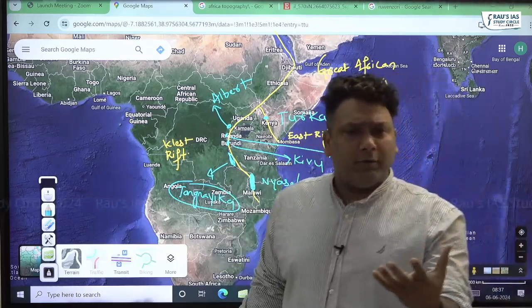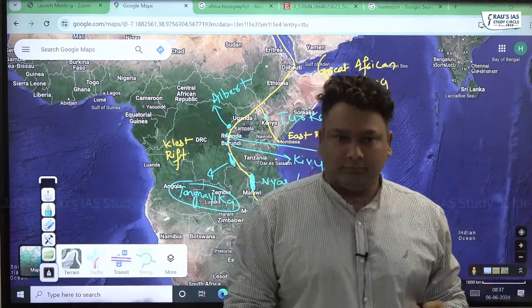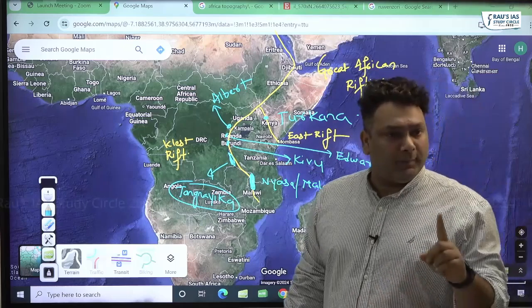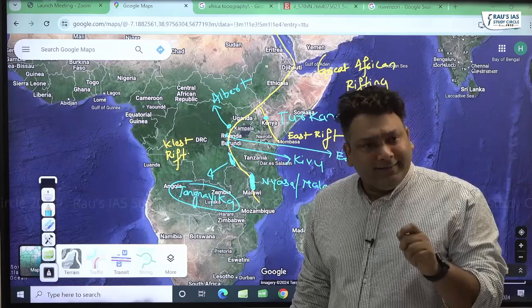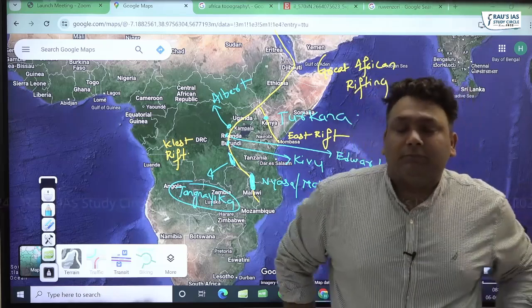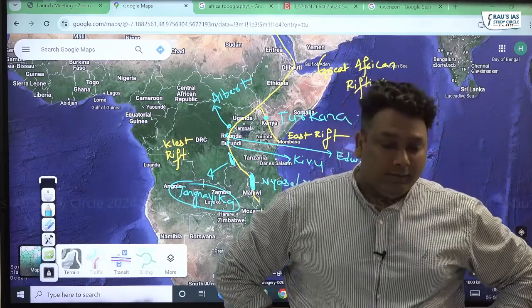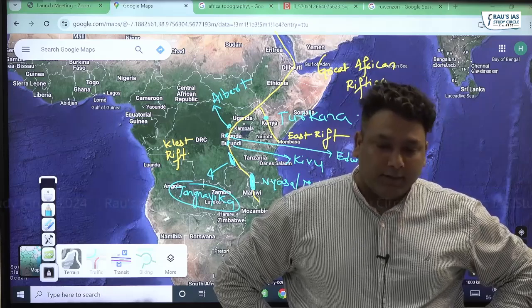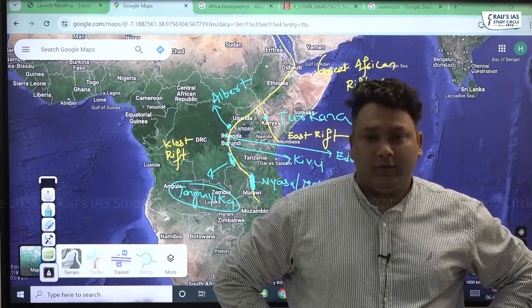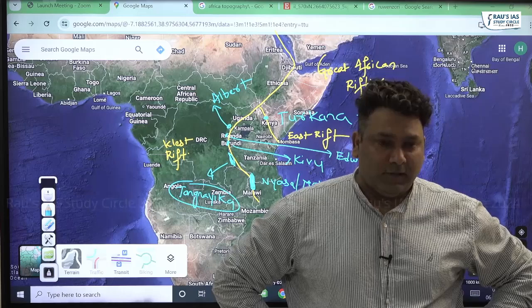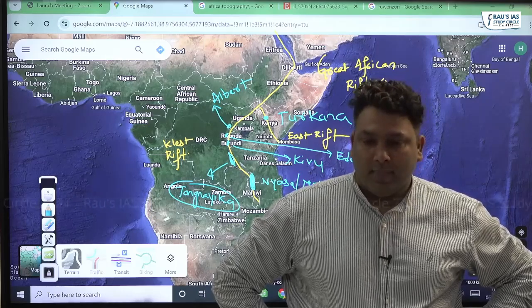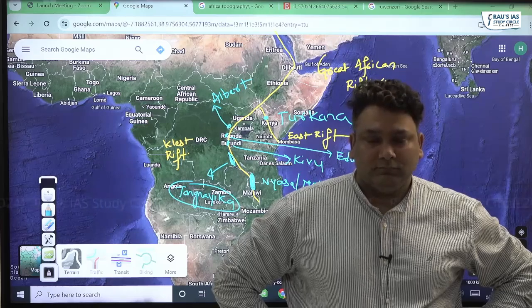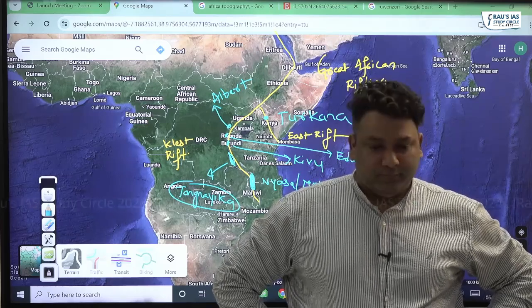And write down some generic points about these lakes. Some generic points, I'll tell you specific points later on. Since these lakes are created along the rifting, there is endogenic force. They're usually deep.